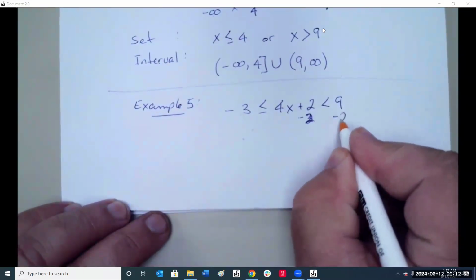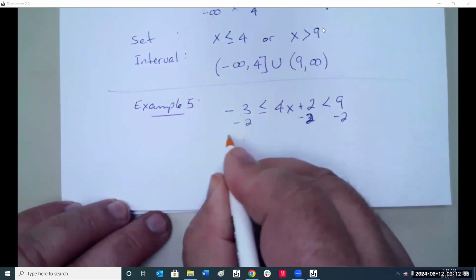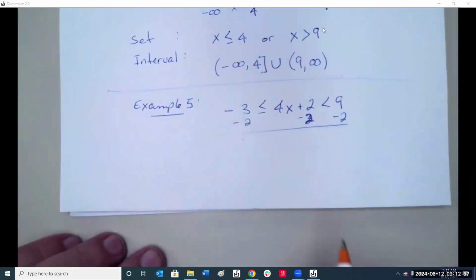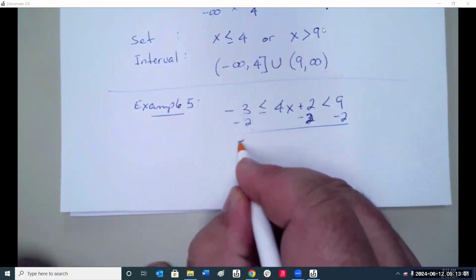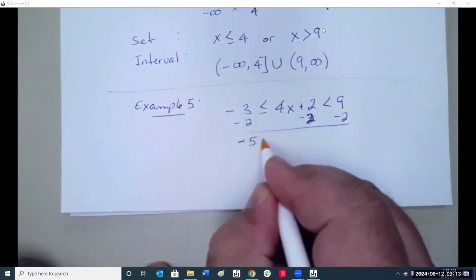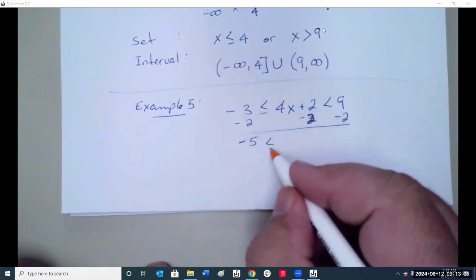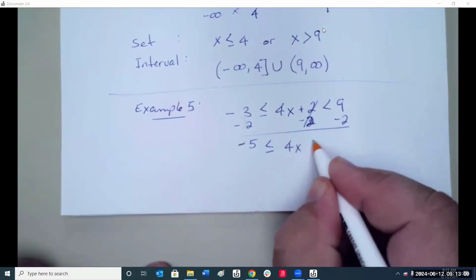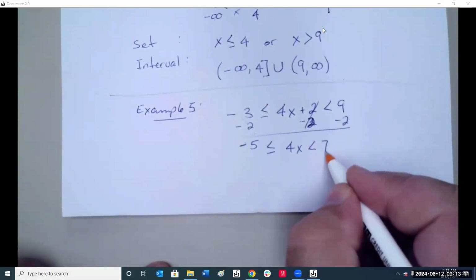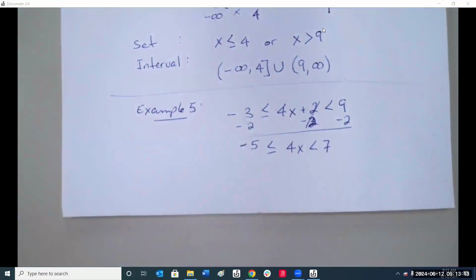Subtract 2. So we have negative 3. They're both negative, so the answer is negative 3 plus 2, which is negative 5. 4x. 9 minus 2 is 7. Then to get x by itself, we have to get rid of the 4. How? Divide by 4. Very good.